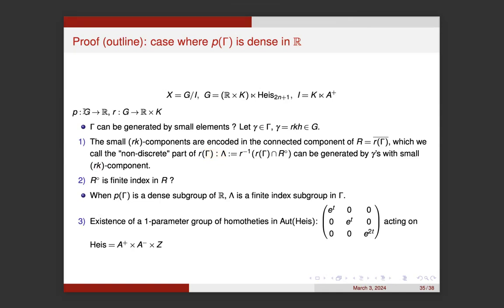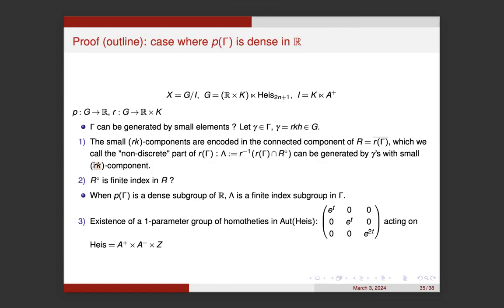And now the fact that the projection into R is dense is exactly how I can translate this. This says that this group has finitely many connected components. And because it has finitely many connected components, this subgroup of gamma I defined here has finite index in gamma. So I found a finite index subgroup of gamma in which I can find generators with small RK component. So now I'm left with the H component.